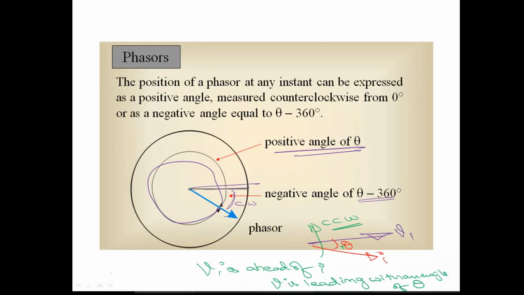Or in other words, I is behind V. I is behind V. In circuit terminology, I can write that I lags, or is lagging, behind V. So this is the concept of lagging and leading, or phase shift, positive phase shift and negative phase shift, of the voltage and current or the vectors. So it is a very simple and easy way to express the concept of phasors when we want to represent the sinusoidal waveform in a phasor.